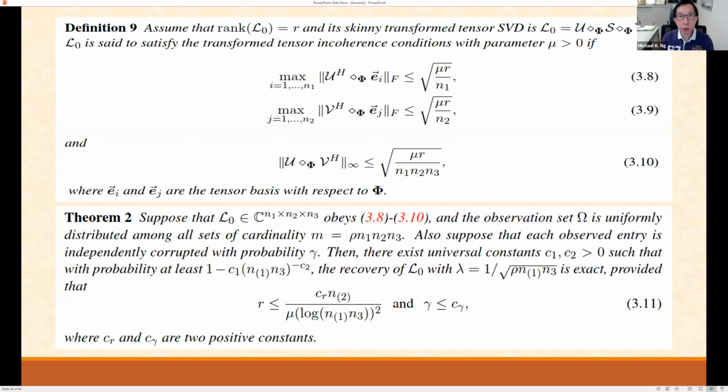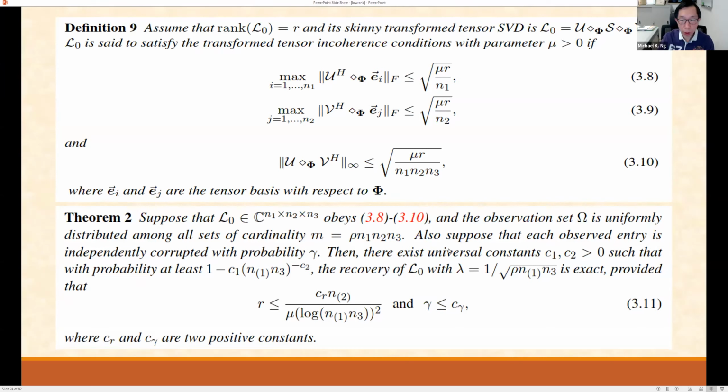So we need to assume the so-called tensor incoherence conditions, and suppose the underlying tensor should be low rank. Then if this rank is less than n over log n squared, you can still recover it exactly.